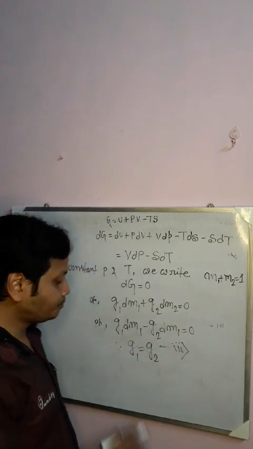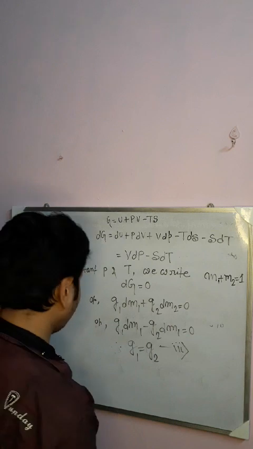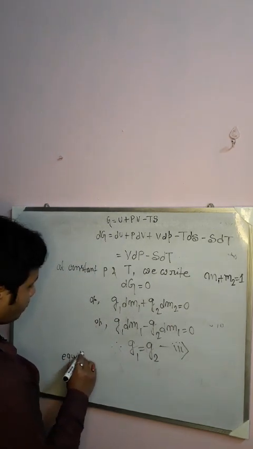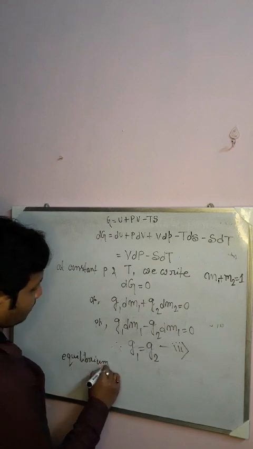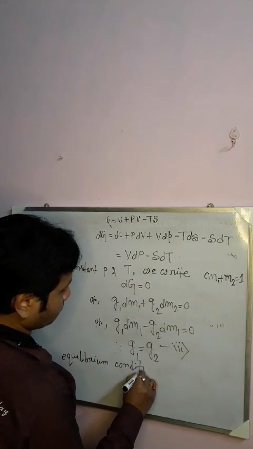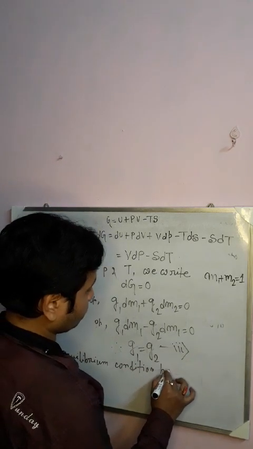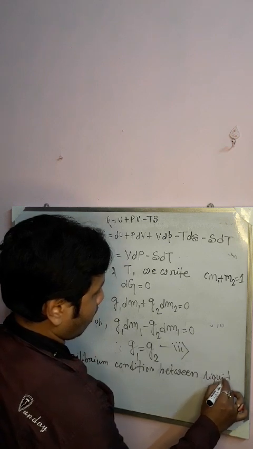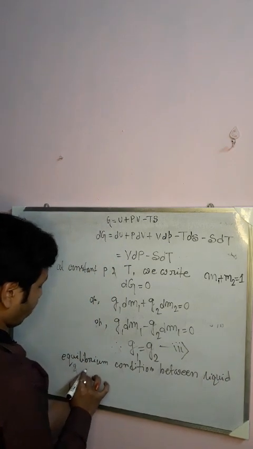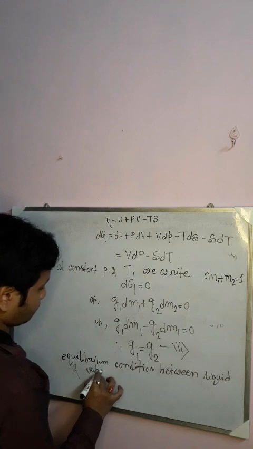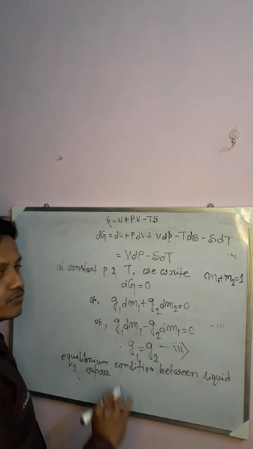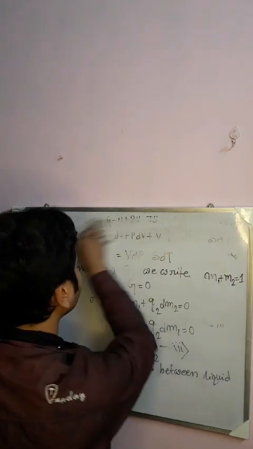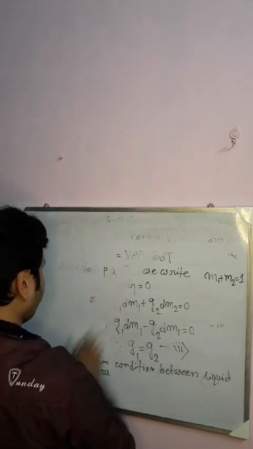So this is the equilibrium condition between liquid and vapor: their specific Gibbs potentials must have the same value.